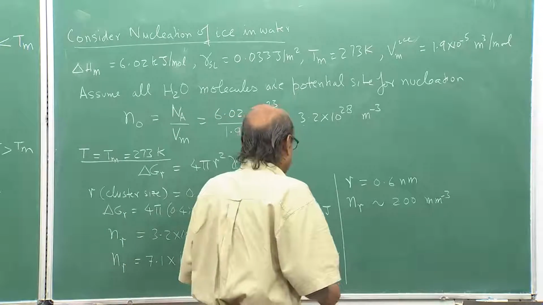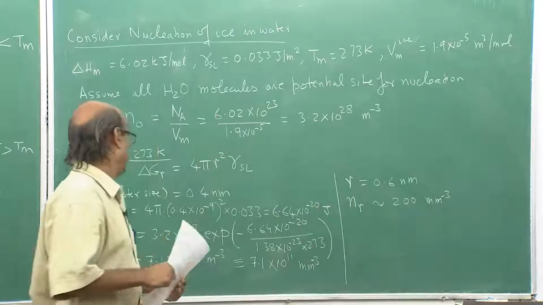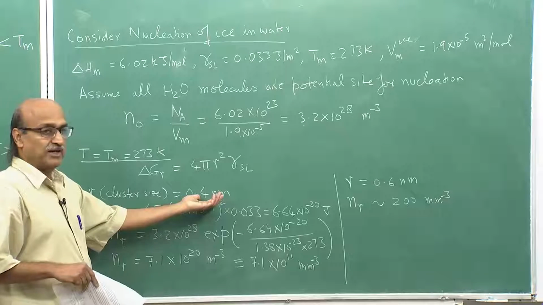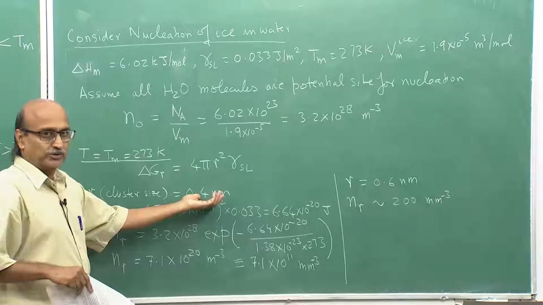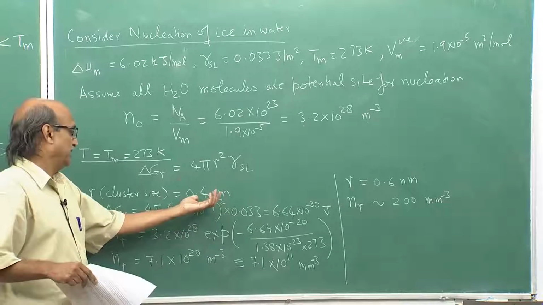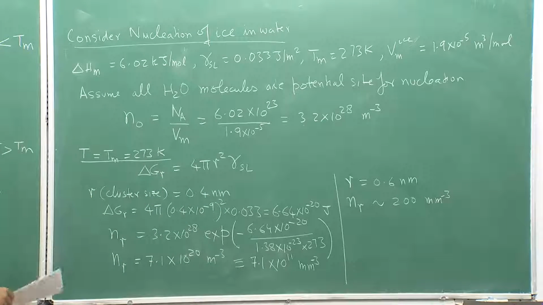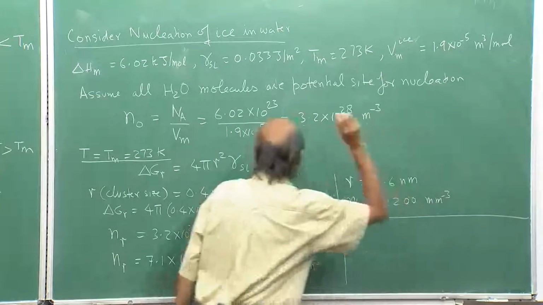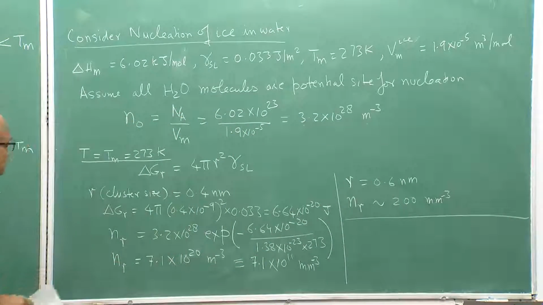So, in fact, we can also calculate, for example, if I have 0.4 nanometer as a size, how many molecules of H2O do I expect in a 0.4 nanometer radius nucleus.